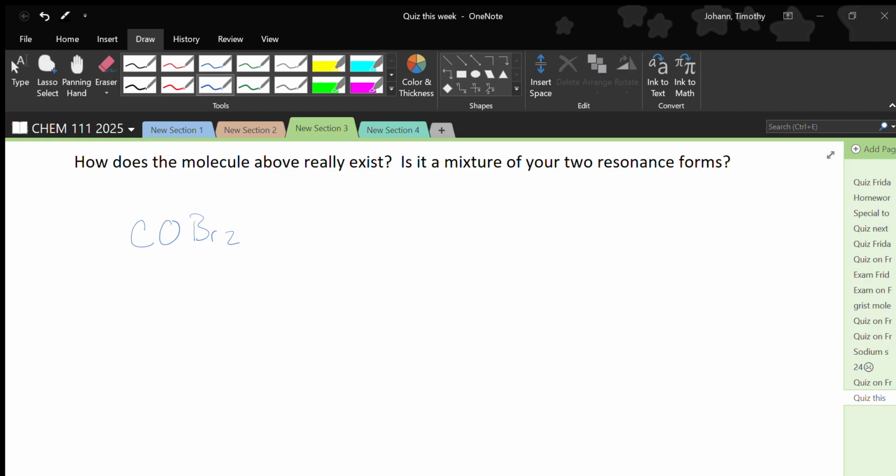If you get done with the first one, go ahead and draw a second one, a resonance form. 30 more seconds and then I will start doing this.